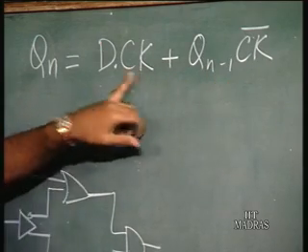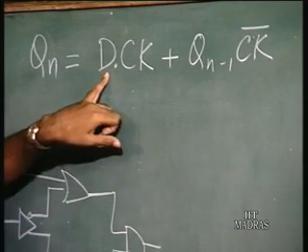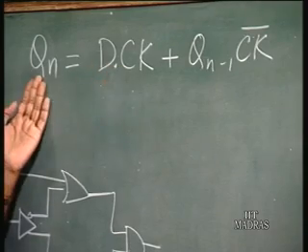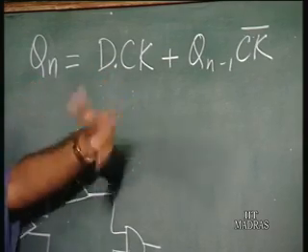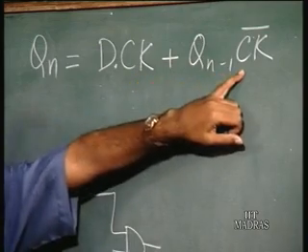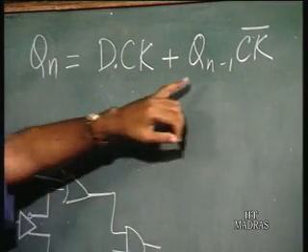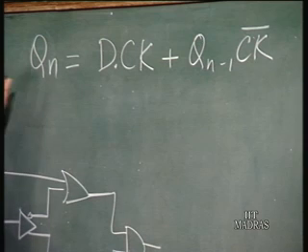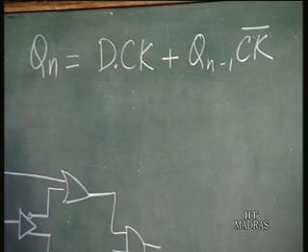So, when clock is high, Qn is equal to D. Whatever is the D input is the same as Qn, and when clock is low, that is clock is 0, clock bar is high, then whatever is the Qn minus 1 is the same, the Qn is equal to Qn minus 1, that is the previous value of the output is passed on, the previous output is retained.